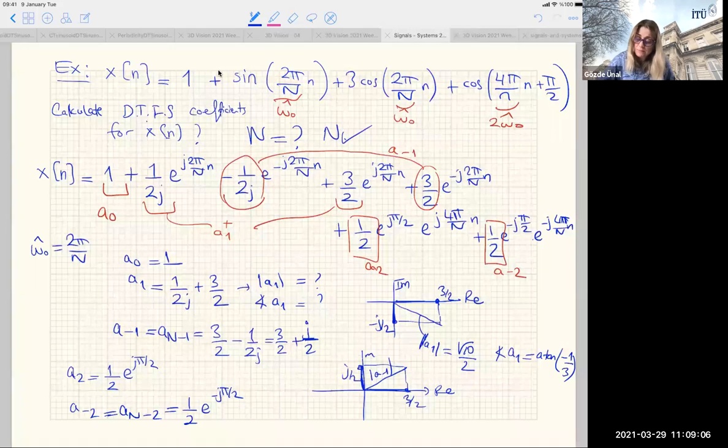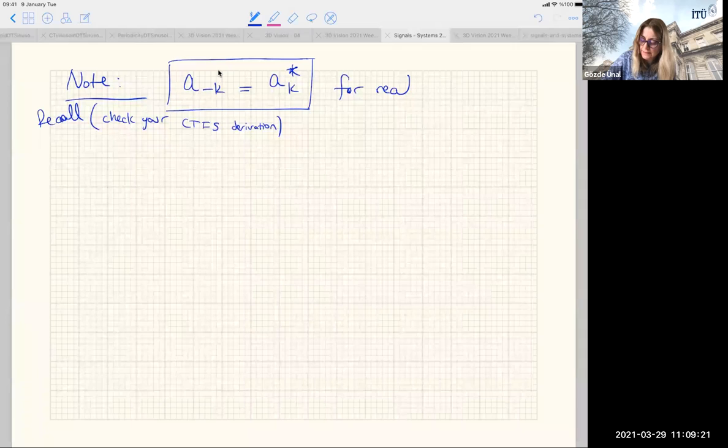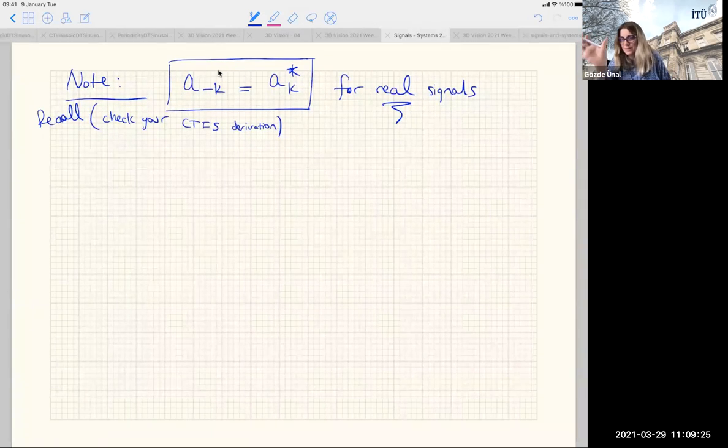For recall, if you forget this, check your continuous-time Fourier series derivation. For real signals, we started with the signal representation, took a complex conjugate, and arrived at the fact that the complex conjugate of the coefficient is equal to the negative index coefficient.